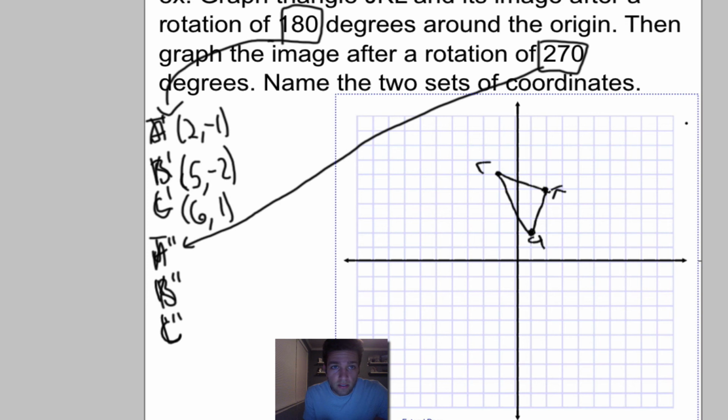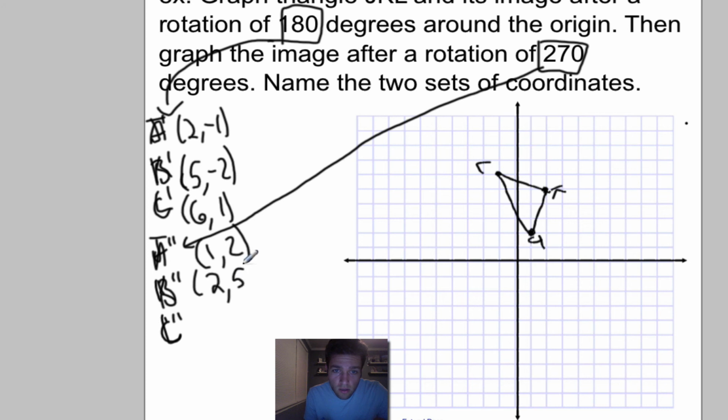Let's look at where our points are and record those as coordinates. So J double prime is at 1, 2. K double prime is at 2, 5. And L double prime is at negative 1, then 1, 2, 3, 4, 5, 6. Negative 1, 6.